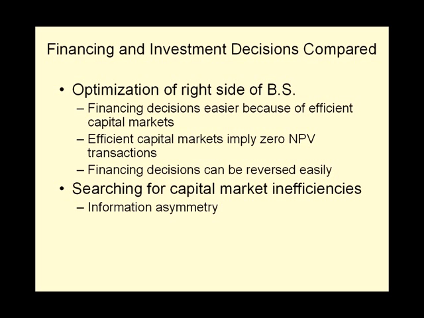Information asymmetry can occur where, for example, borrowers know more than lenders. Transactions costs exist, wherein maybe it costs 1 to 3% to mount a public offering of stock. Obviously, there are taxes.